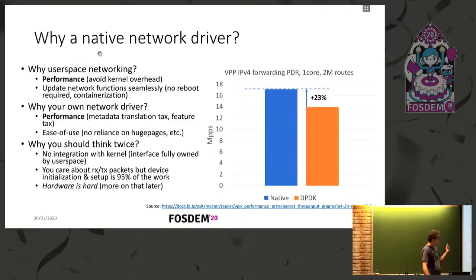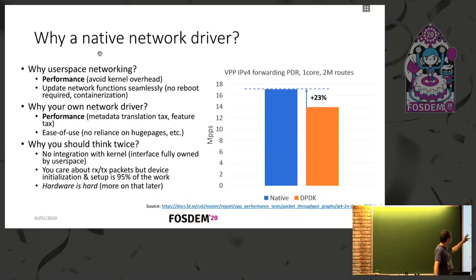But at the very bottom of our stack, we need to receive and transmit packets, and we need to do that efficiently. And from time to time, we ask ourselves the question: okay, do we need to write our own network driver to do that? And sometimes we have to.